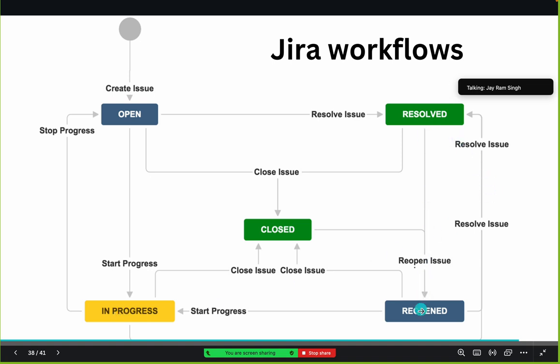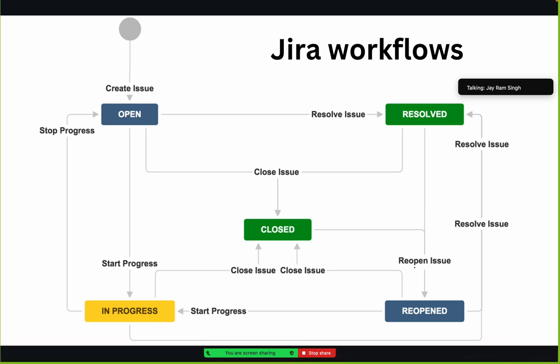From resolved, I can mark it reopened. So these are the different transitions based on the task condition or status. I can go back and forth, and the workflow status can be changed. So I hope this is clear, right? Yes. Okay, great.